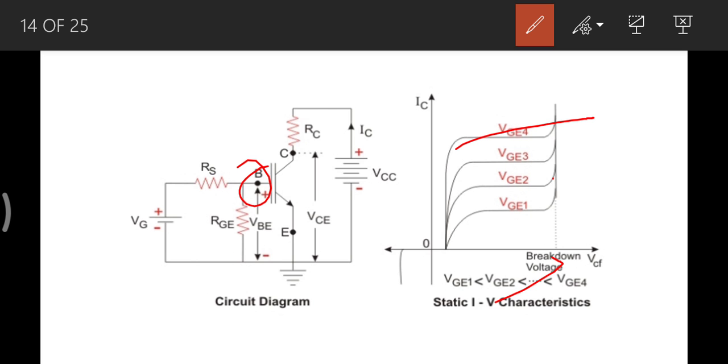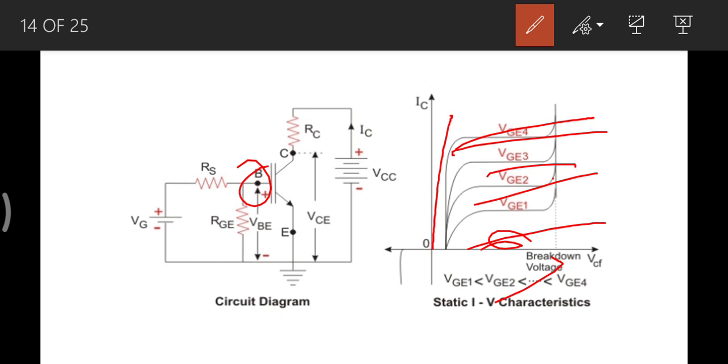This is called the saturation region, this is the cutoff region, and this is called the ohmic resistance region. Saturation means that after reaching the gate terminal, even though we are increasing the voltage, there is no increase of the current. That means a constant current is flowing through the IGBT.